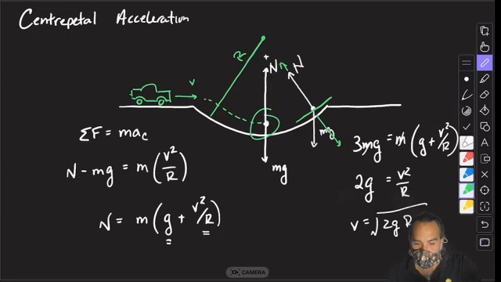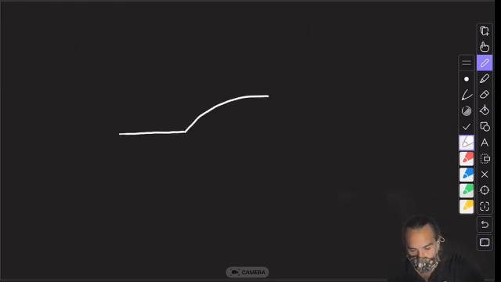Now, the other kind of style of question that's in this same genre is when you're having to go over a hill. It's a similar kind of problem, but generally in this problem, we're not going to ask, what's the normal force on the vehicle?